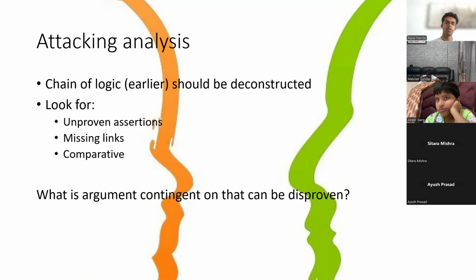Attacking analysis. So we've discussed how there's this kind of systematic chain of logic that goes from your starting point to your final claim. And there are going to be multiple links in between. So in the case of the example I gave about companies maybe decreasing the amount of sugar in their products, the chain of logic would be something along the lines of, okay, so sugar is more expensive now, and if companies buy the same amount of sugar, then it's going to cost them more, which is going to decrease their profits.